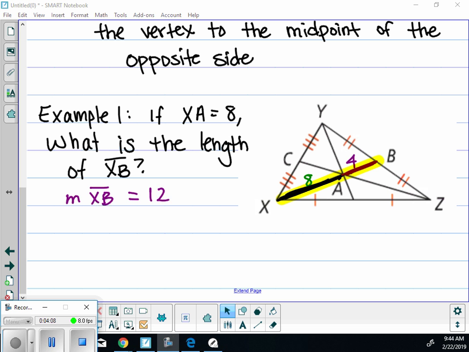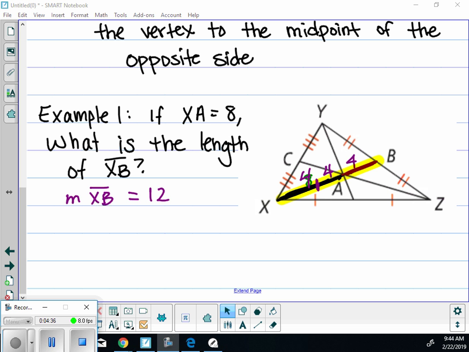So if we broke that whole thing, XB, into 3 pieces, 3 even pieces, they would each be 4, right? So we'd have 3 even pieces of 4. And 2 of them are going to be between the vertex and the centroid. 1 of them is the other side. So that's why this side is twice as much as this side.